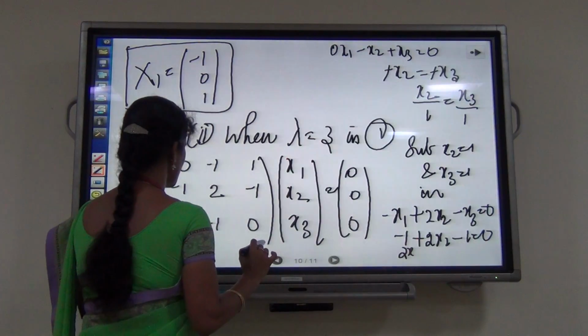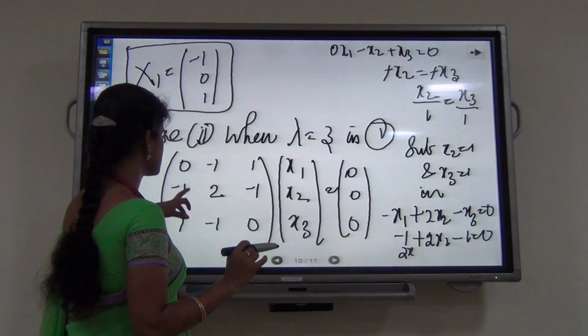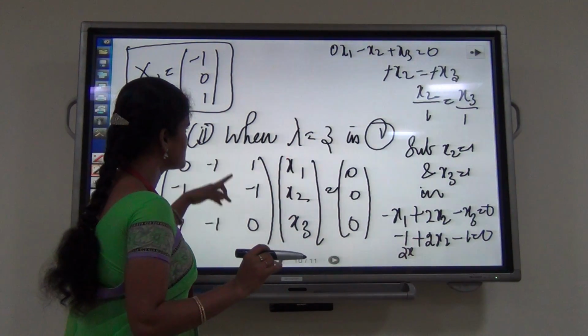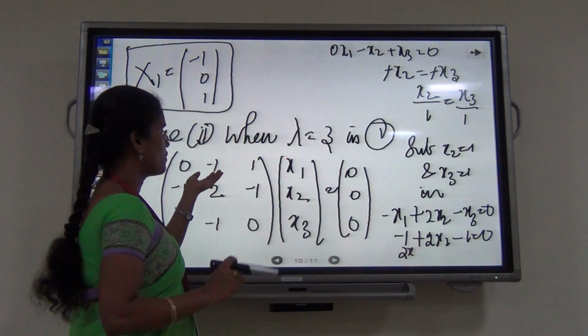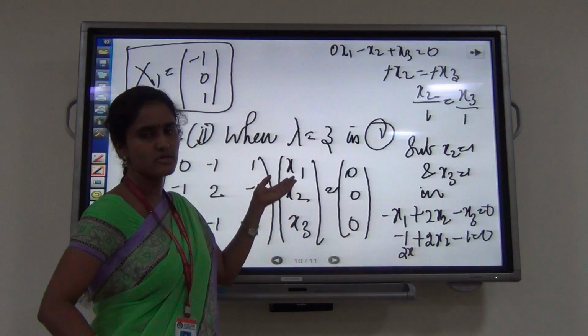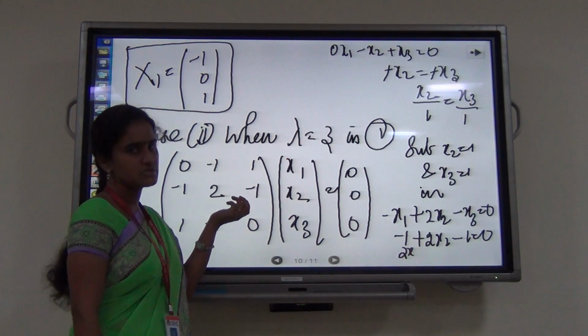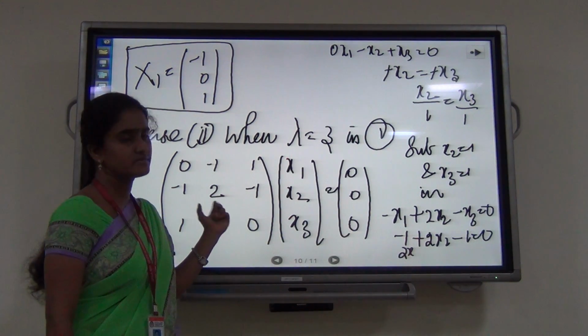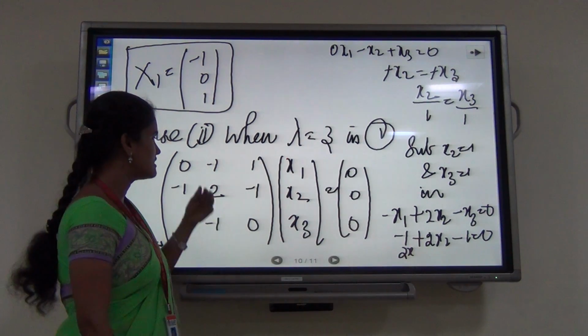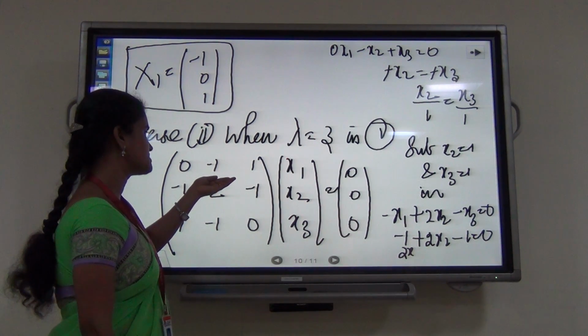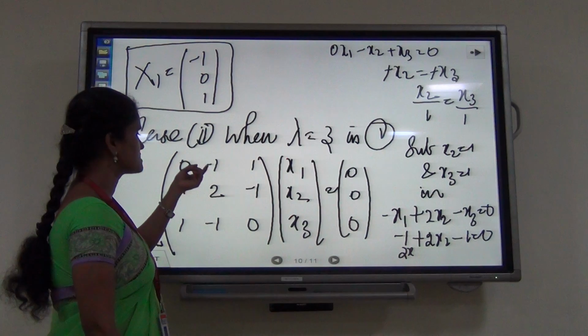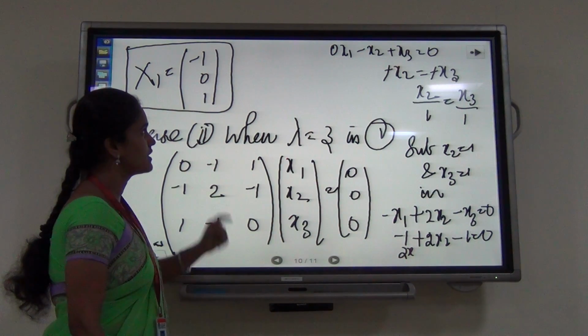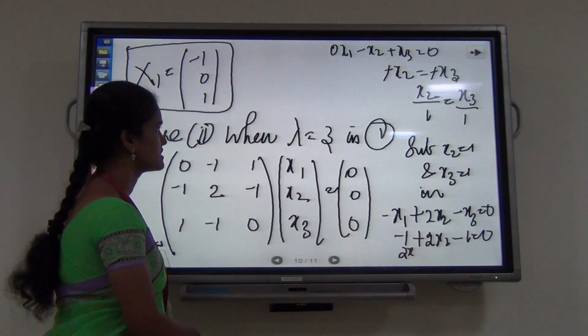Let us even check. As we substitute 1, 1, 1 here, it satisfies any equation. So without doing the actual cross row multiplication, I was able to get the second vector. Even if you wrote cross row multiplication, you will come out with the same vector. So I just wrote the second equation. The first row is the equation 0x1 minus x2 plus x3 equal to 0.